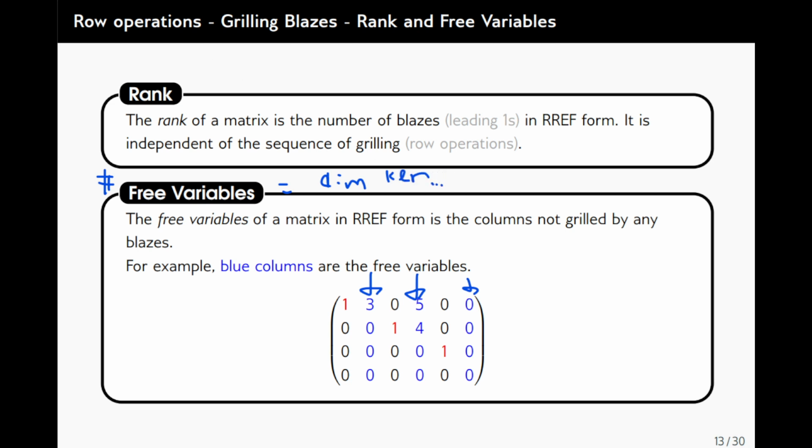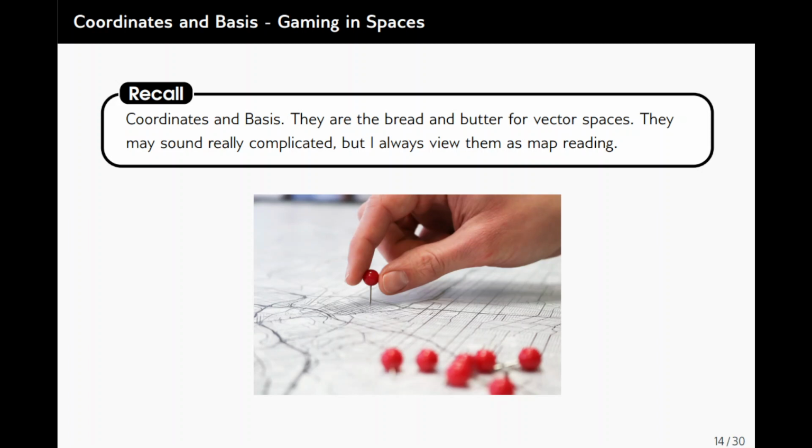Anyways, let's begin another topic: coordinates and bases. These things are really weird, but if you think of it as moving your character on a computer game or on a map, it's pretty easy instead of thinking of it mathematically.